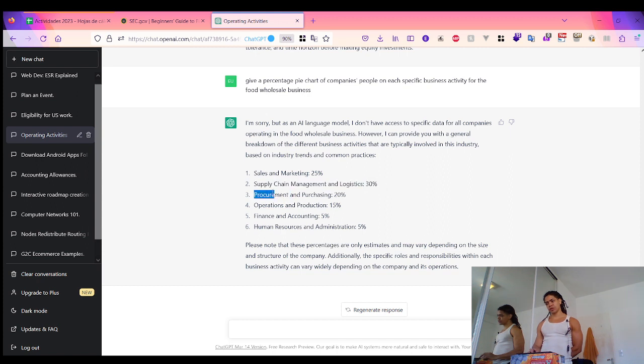The vast majority of companies in the food wholesale business are in supply chain management and logistics. Interesting. 30%. That's very, very interesting.